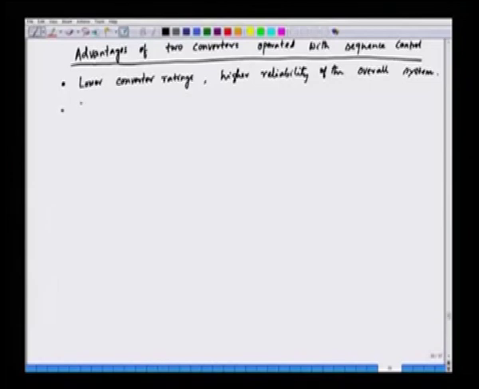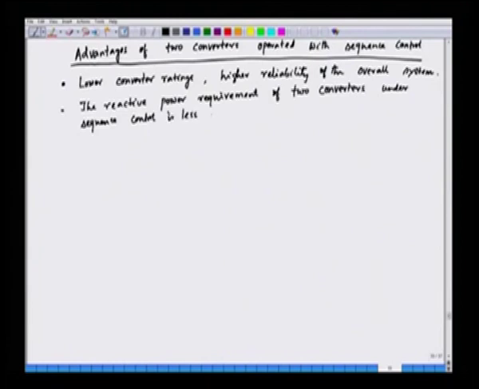So, we can say that the reactive power requirement of two semi converters under sequence control is less than that of a single semi converter. Now, these are the reasons why we go for sequence control.